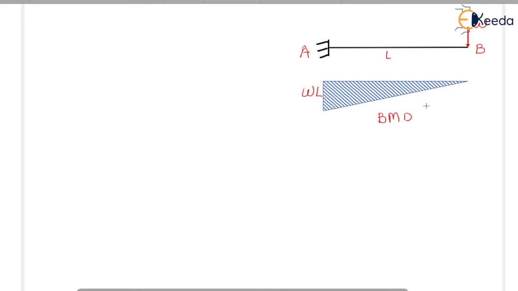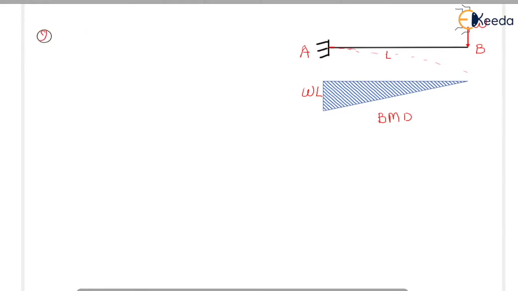At the fixed end A, the end is fixed, so slope and deflection at this particular point are 0. The beam will deflect like this. So slope and deflection at point A are 0.